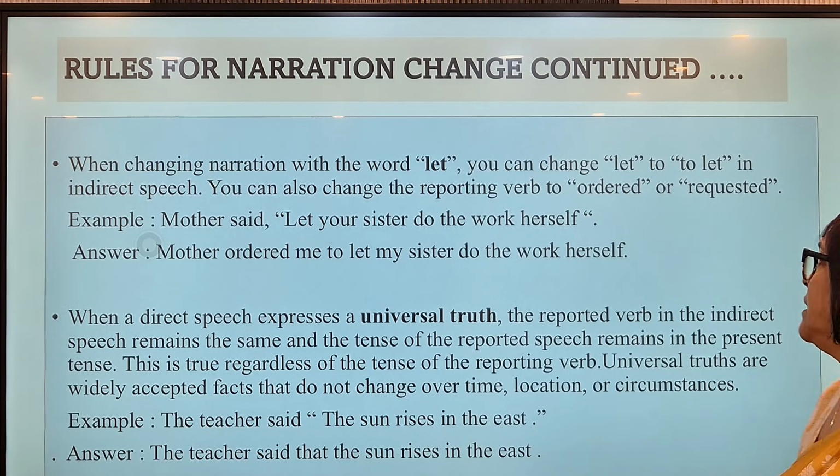So when changing narration with the word let, there are some exceptions and there are some rules also. When you do a change with let, you can keep let as let in indirect speech. You can also change the reporting verb to ordered or requested, but this will be as per the tone of the sentence that is given.